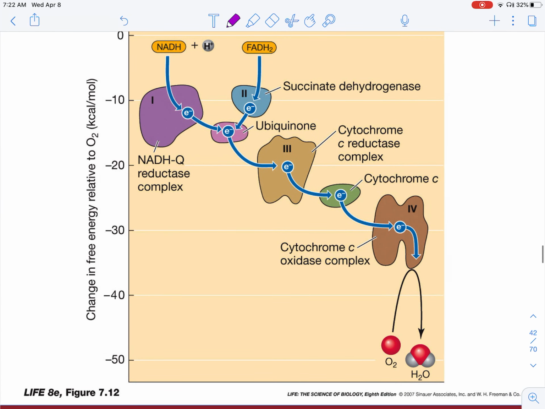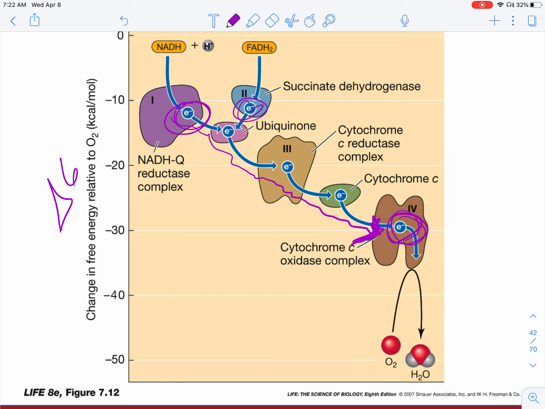And so this is again a delta G plot here of the energy of these electrons. And as I said earlier, as these electrons flow through the electron transport chain, they lose energy. So this electron in complex 4 is of lower energy than this one in complex 2 or coming into complex 3.